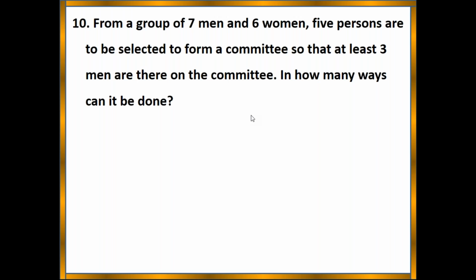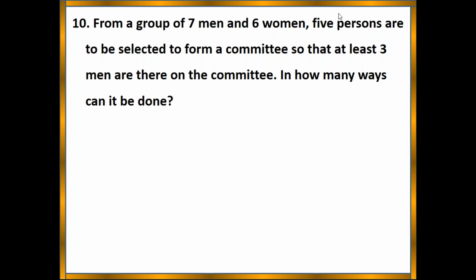Persons means men or women, we don't know. 5 persons are to be selected to form a committee so that at least 3 men are there on the committee. In how many ways can it be done?